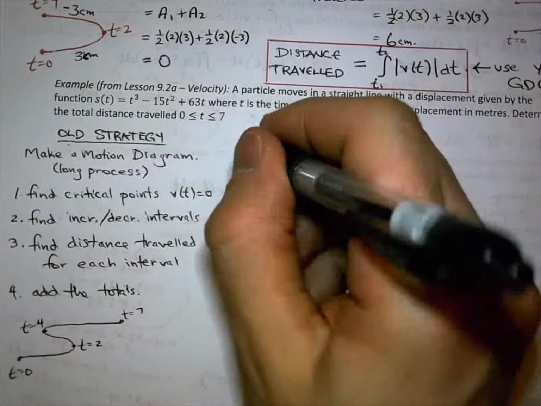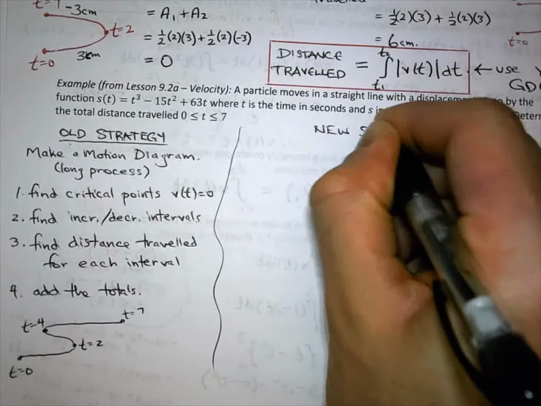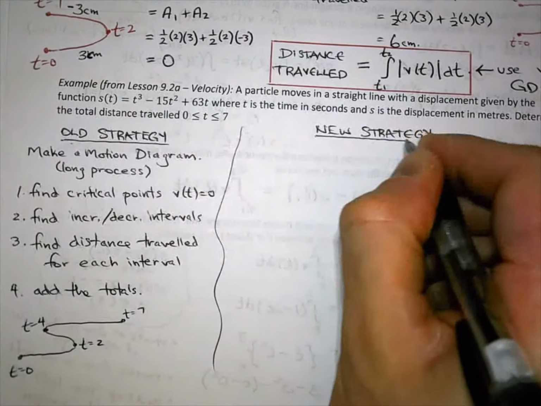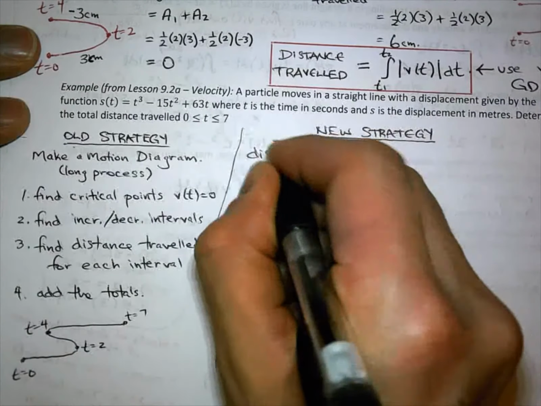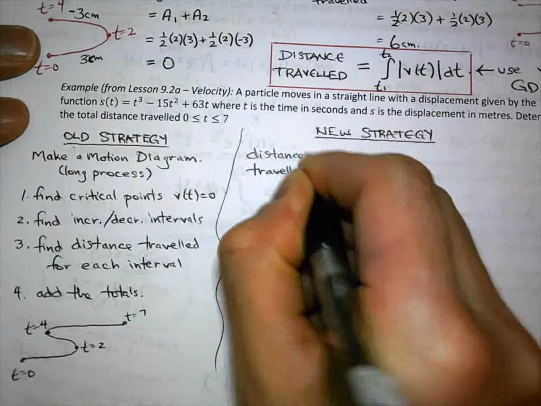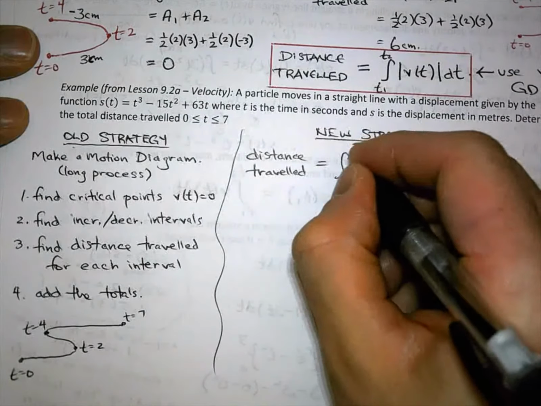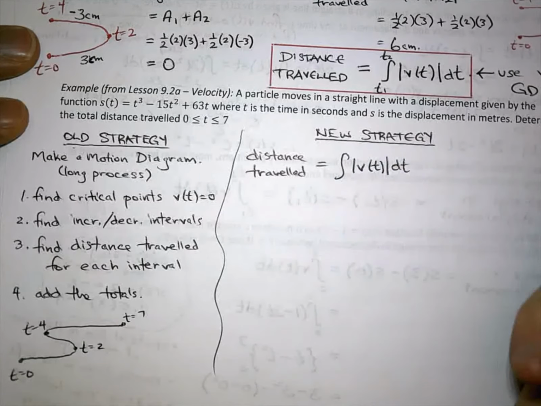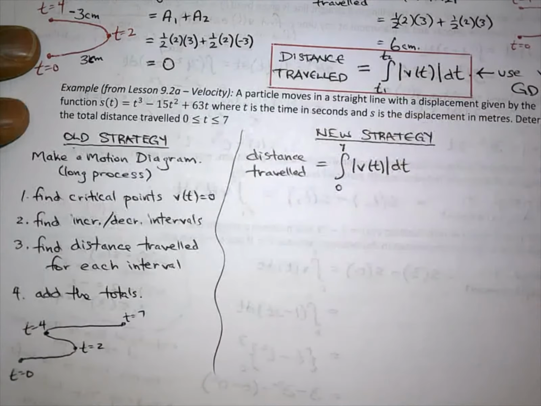Now let's look at our new strategy. So distance traveled is equal to the integral of the absolute value of v at t, and that's from time 0 to 7.